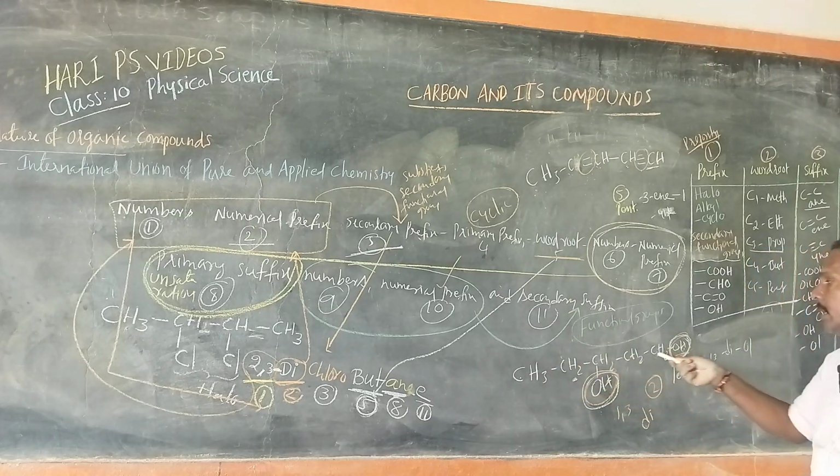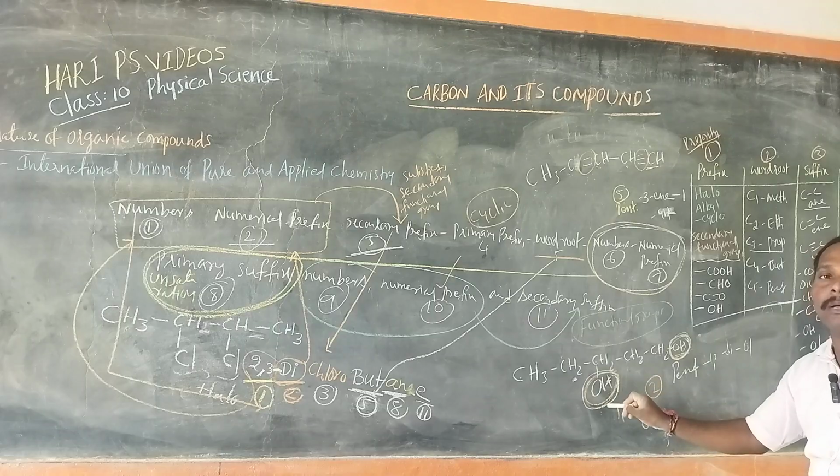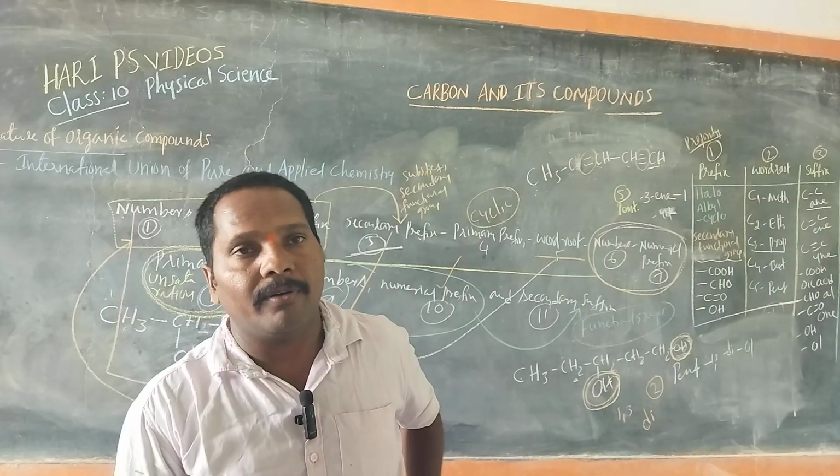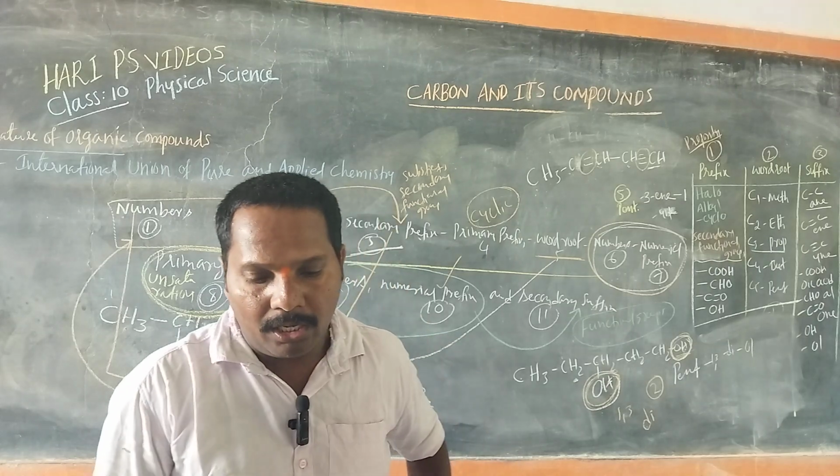This is the main chain. This is the substitution. And we need to give priority to the secondary functional groups.